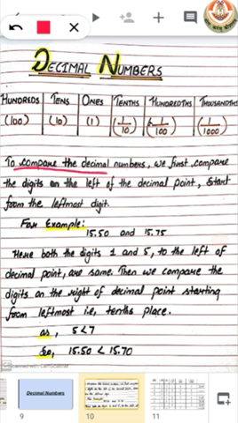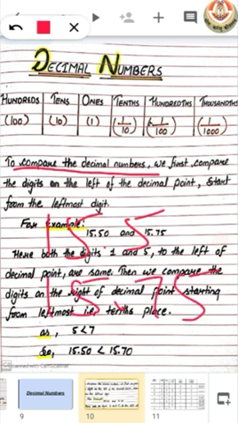To compare decimal numbers, we first compare the digits on the left of the decimal point. For example, to compare 15.5 with 15.75, we first see the numbers on the left side of the decimal.